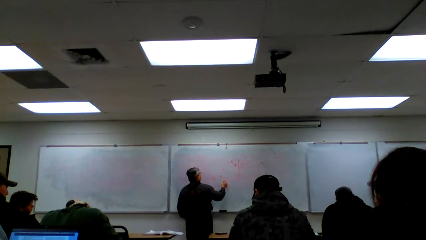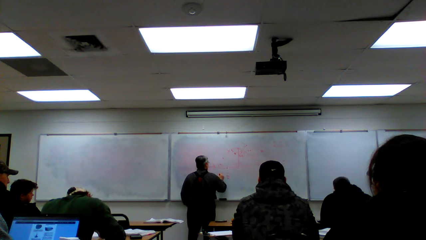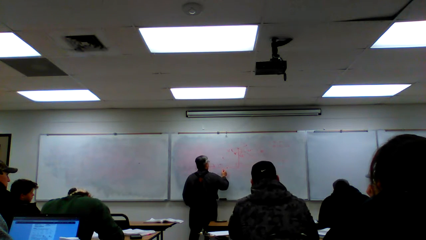So we can say immediately that C times the sine of 32 is equal to 500.